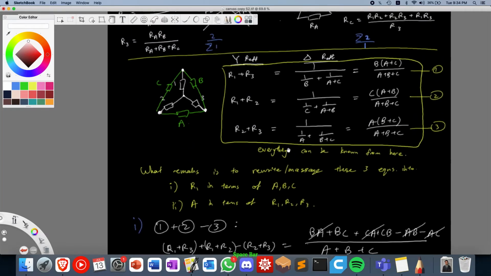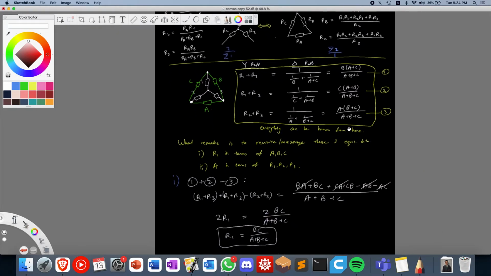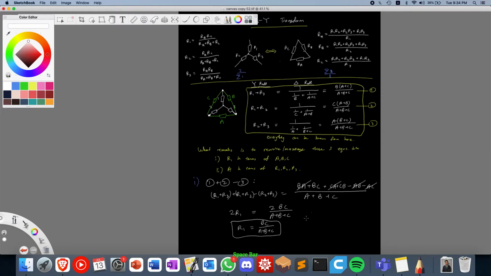In fact we have correctly derived the conversion from A, B, C to R1, R2, R3, which is basically delta to Y. We've derived the delta to Y conversion, which is these formulas over here. So we have done that.